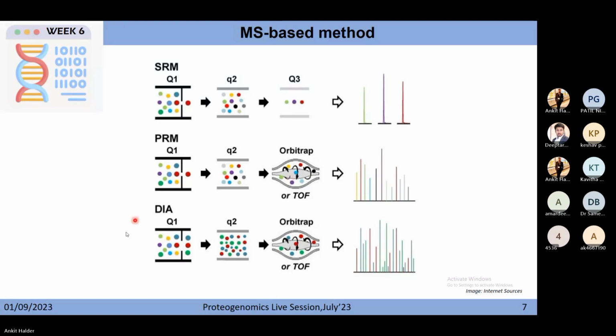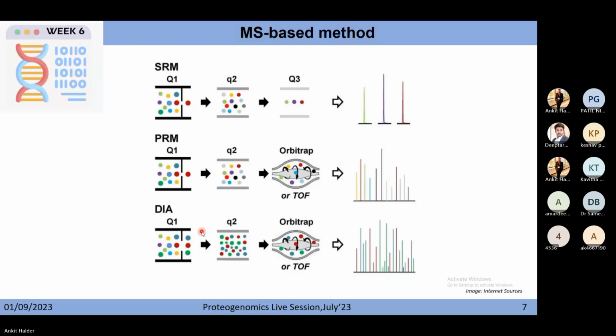Whereas DIA, or data independent acquisition, is another technique, which is not much related to targeted experiments; with DIA you can look at differences on a global scale as well.